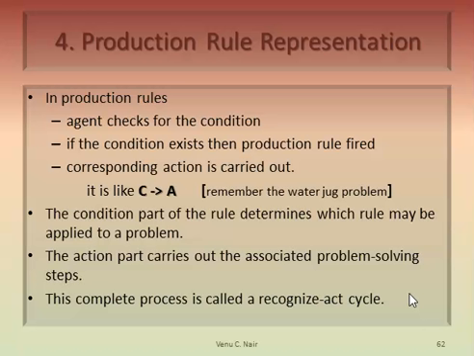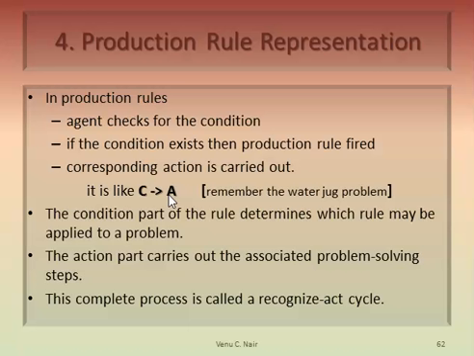With the rule firing, the corresponding action is carried out. So these are the actions performed in the production rule. It is like condition then action. C arrow A means C represents condition and A represents action. On the left-hand side we will have some conditions, and on the right-hand side we will have the corresponding actions.